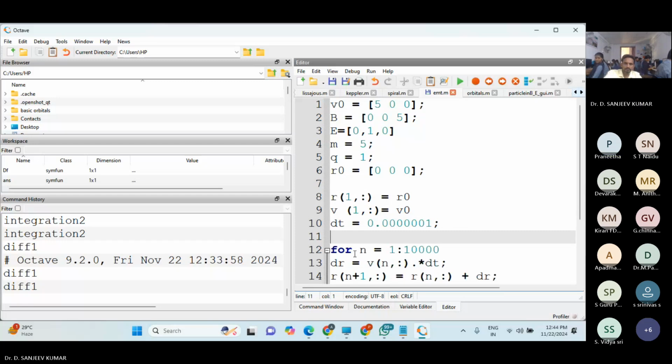So I'm developing my vectors R and V as a function of time. So I'm taking 10,000 points, I mean 10,000 steps. Starting from, and the step size is this, 0.601 is my time interval.